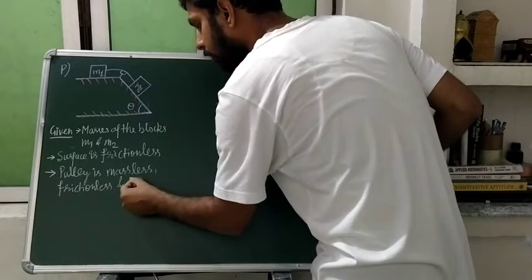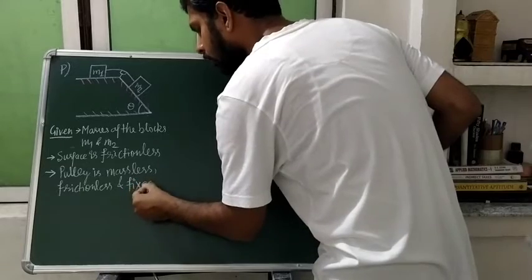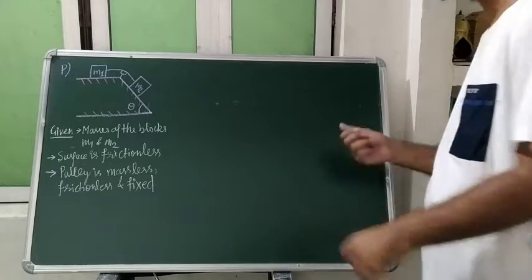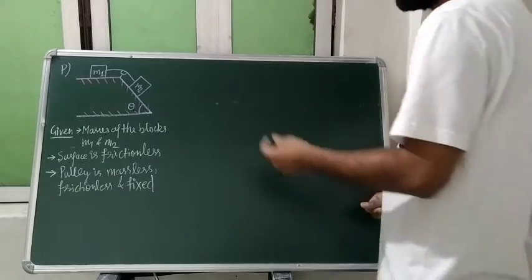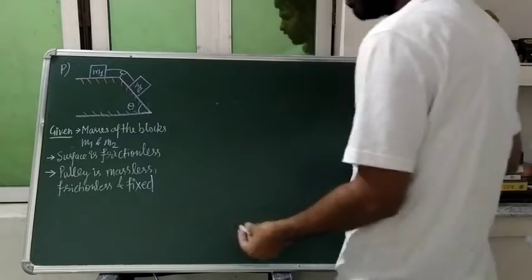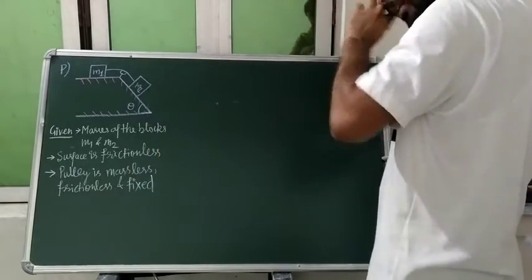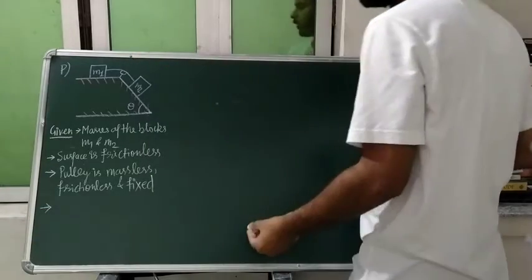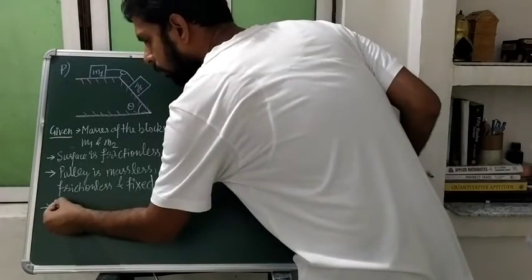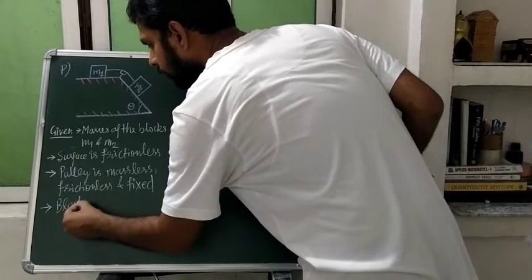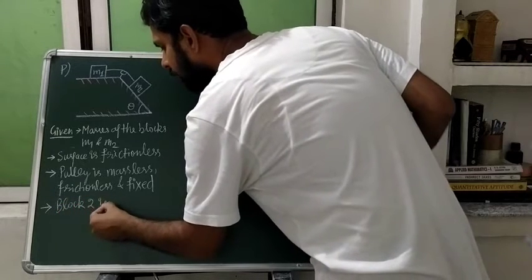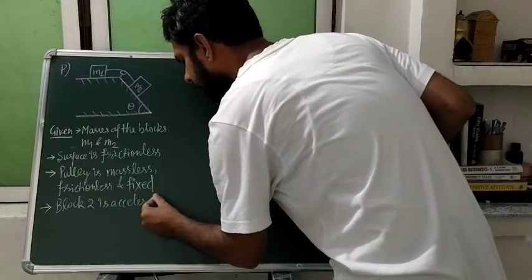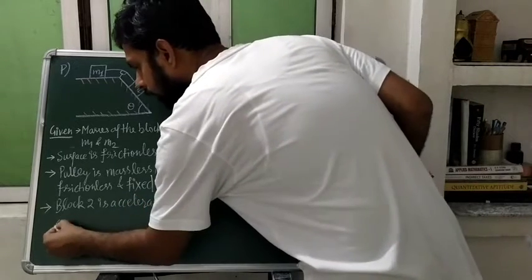They will say it is fixed, whereas when we move to more problems, we will look at a pulley that can move as well. The next thing they can say is, suppose block 2 is accelerating downward.